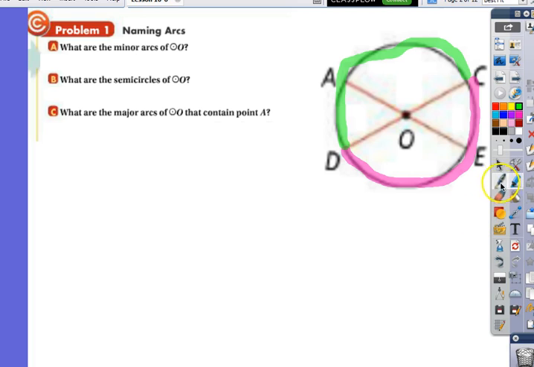So in this particular picture, if I wanted to go through and label 3 different types of arcs, I could pick a minor arc, and a minor arc would be like arc CE. I could pick a semicircle.